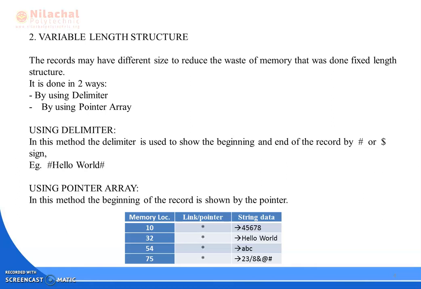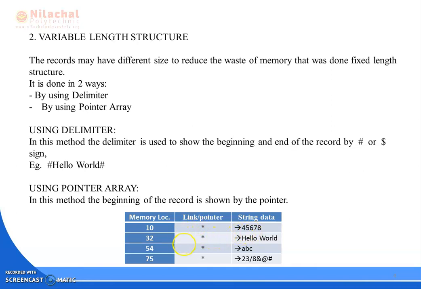In this method, the beginning of the record is shown by the pointer. Here we can see in the diagram that there is a 10th memory location, there is a pointer, and this pointer points to the head of the string data, that is the starting or beginning of the string data.